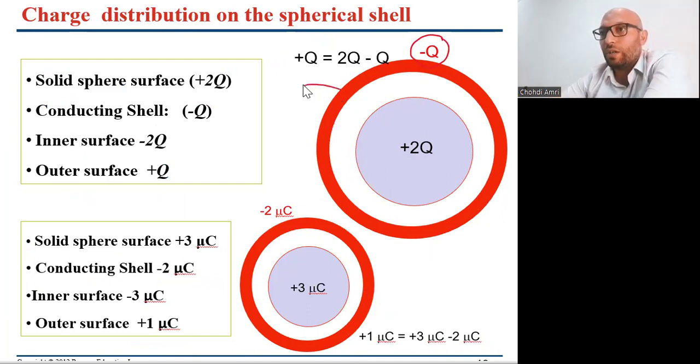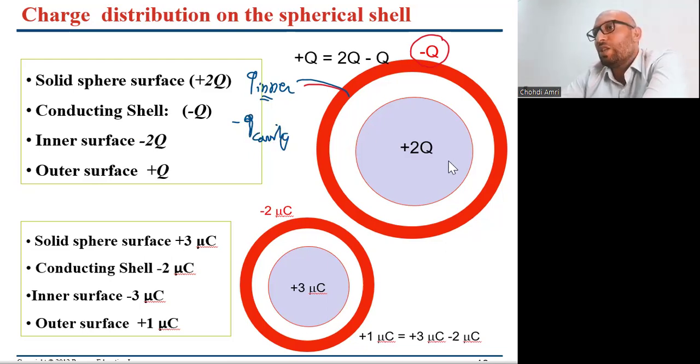Q inner is minus the charge inside the cavity. What is the charge inside the cavity? It's plus 2Q. So it will be minus 2Q. So this is the Q inner.